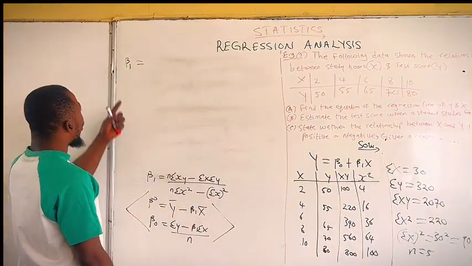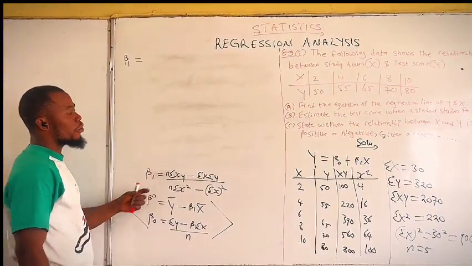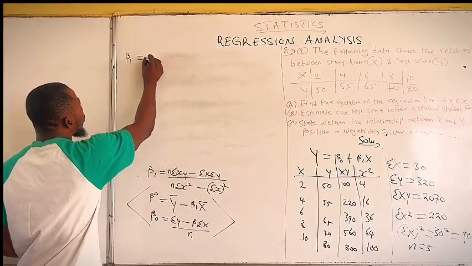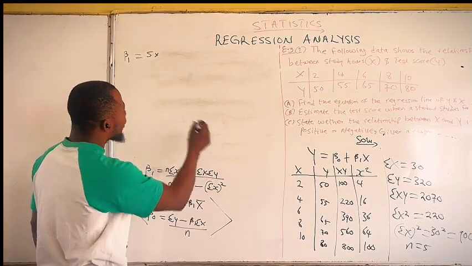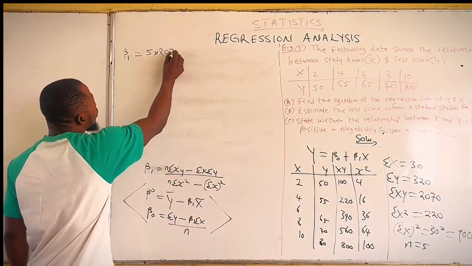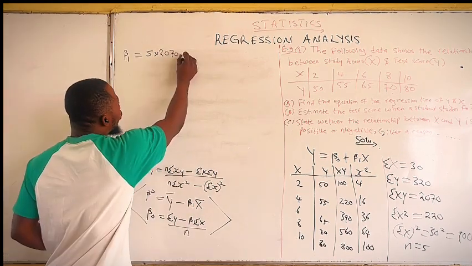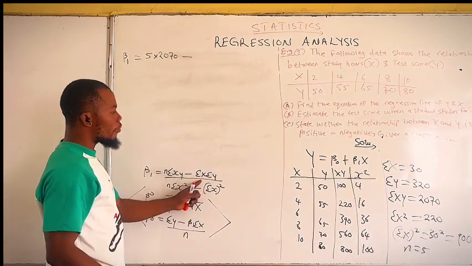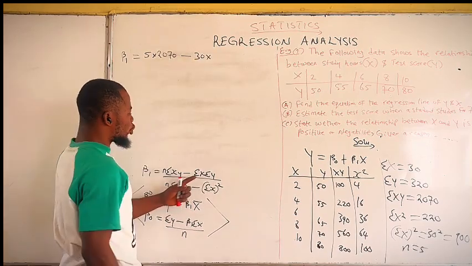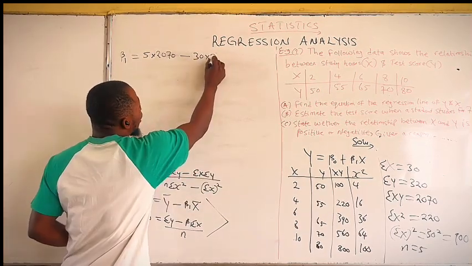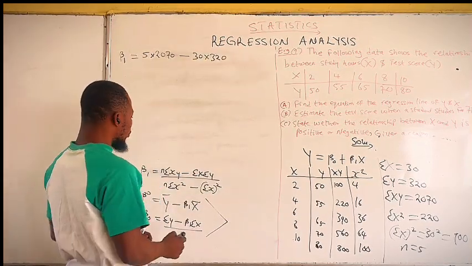Then for our beta 1, we are using this formula. Our n is 5 multiplied by summation of xy, which is 2070, minus summation of x, which is 30, times summation of y, 320.